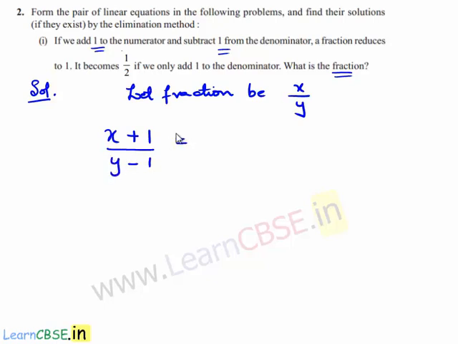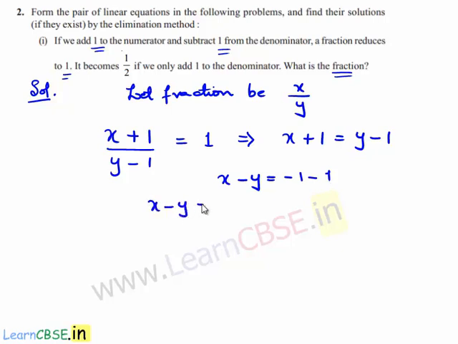So this is equal to 1 according to the given problem. By cross multiplication, we get x plus 1 is equal to y minus 1. On rearranging the terms of this, we get x minus y is equal to minus 1 minus 1, which is x minus y is equal to minus 2. Name this equation as equation number 1.